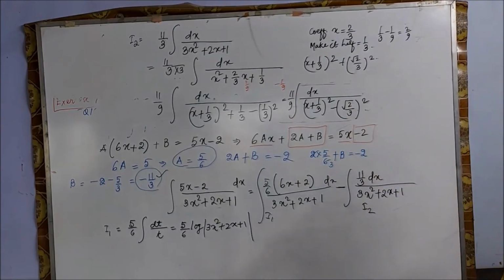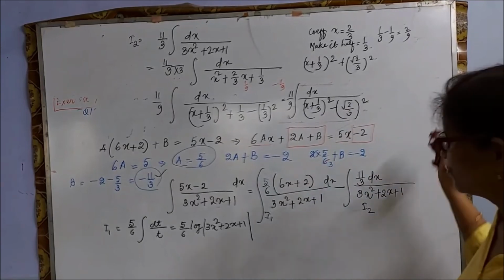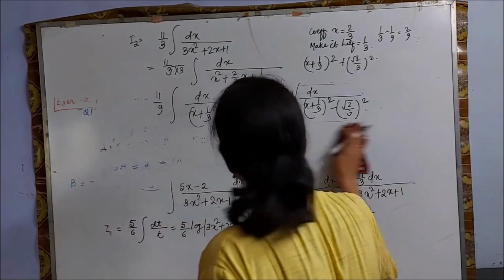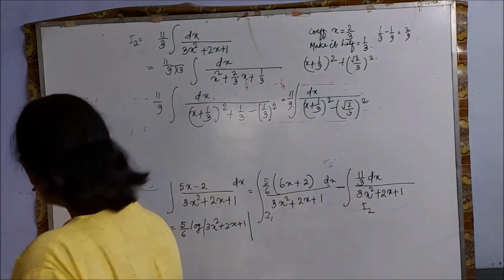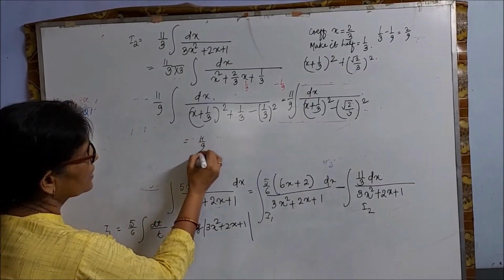Now which formula will this be? This will be x square minus a square, so you will put it in log. The answer will be 11 by 9.